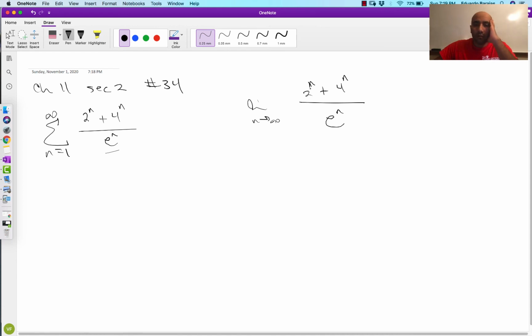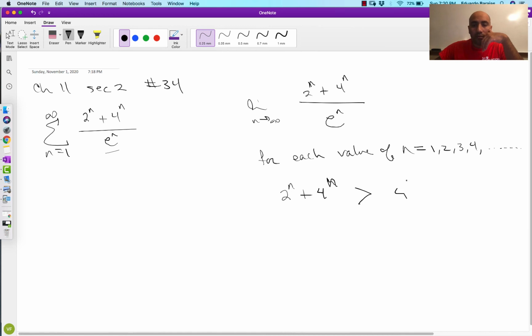Well, let's do a comparison. Let's ignore this one for a second and just acknowledge that for each value of n, where n is 1 or 2 or 3 or 4, and so on, it's always true that 2 to the n plus 4 to the n is going to be bigger than just 4 to the n.